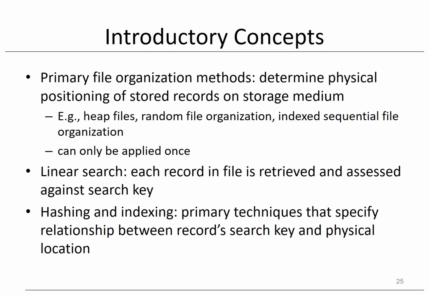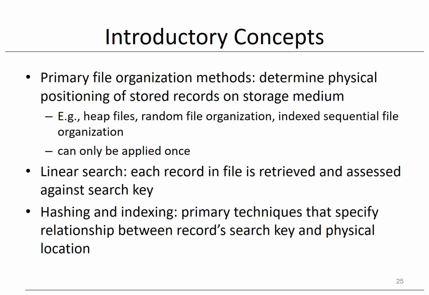We distinguish between two categories of file organization methods. First, there are methods that determine the physical positioning of stored records on a storage medium. We call them primary file organization methods. The examples we discuss are heap files, random file organization, and index sequential file organization. Some methods require a linear search on the entire file for records that match the search key.